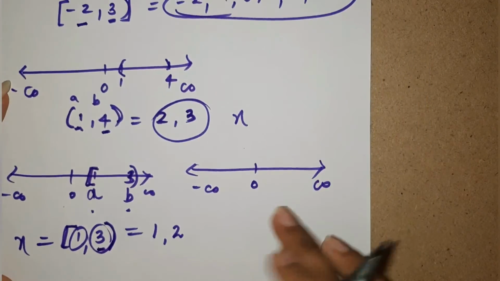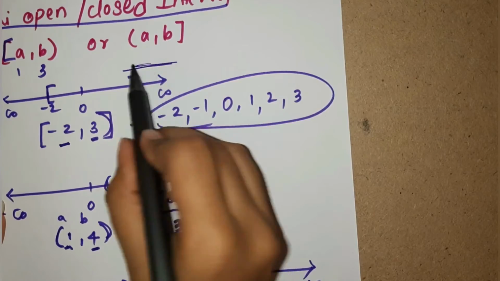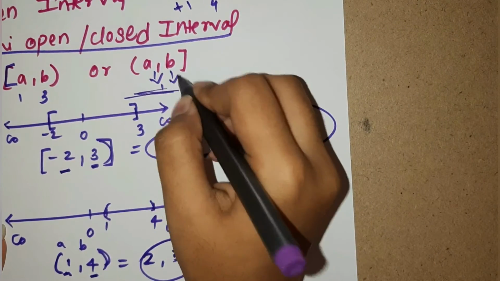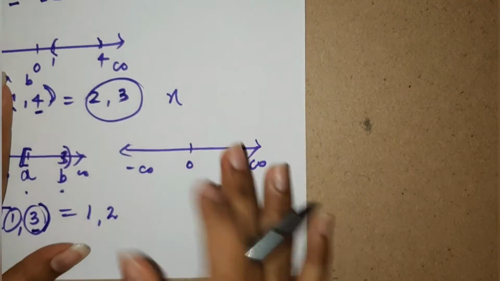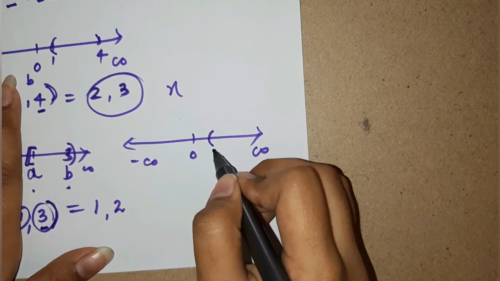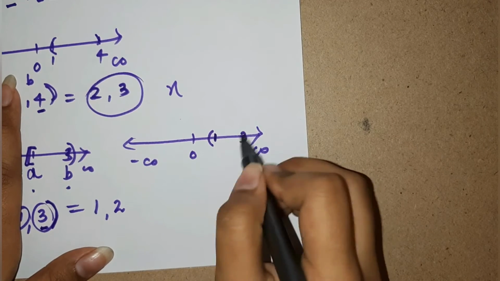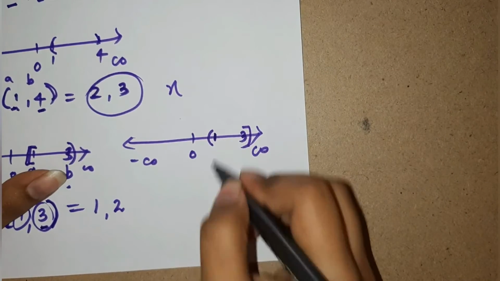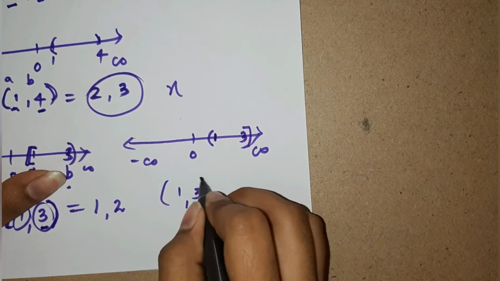Now here if you see this one, we'll take a as 1 again, and let's take b as 3 again. So here we have 1 and here we have 3. It looks like this, right? We'll write it like this.